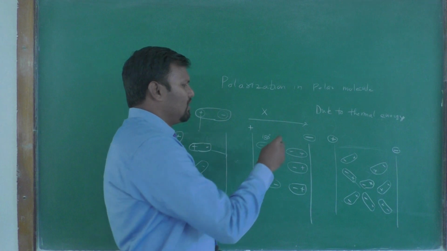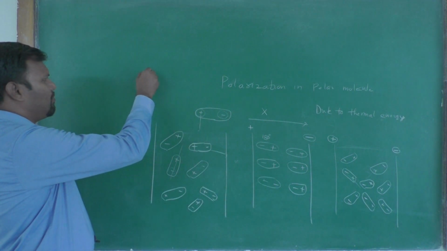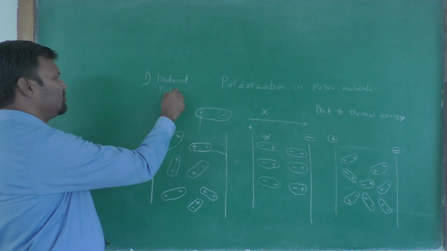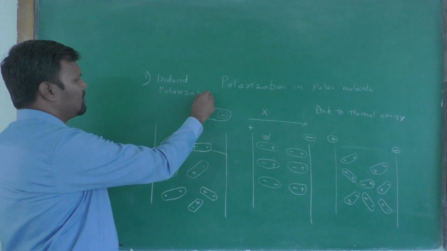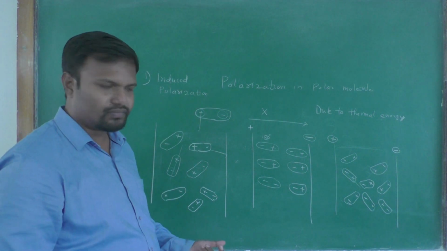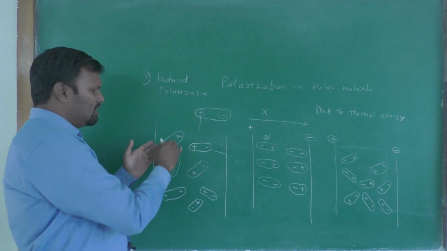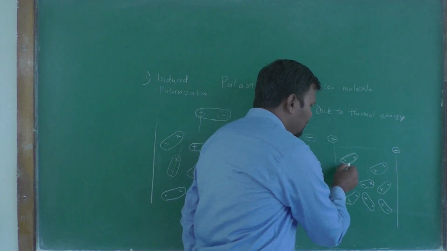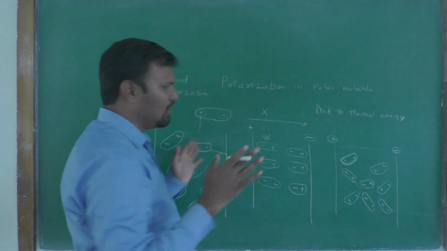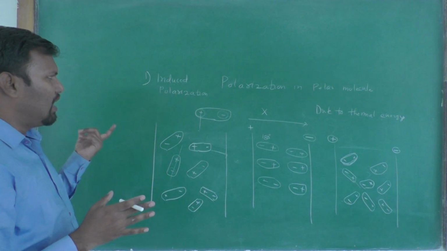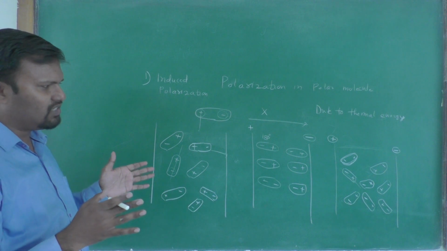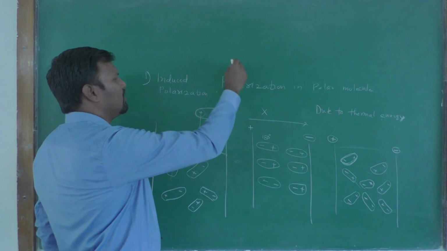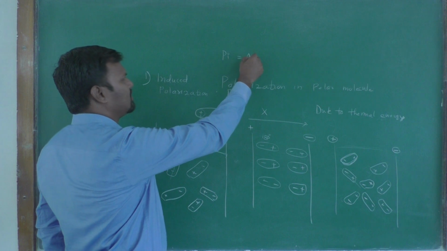Okay. There are two polarizations possible. First polarization is induced polarization. This induced polarization is also present in non-polar molecules. The distortion of the charges takes place in this system also. Therefore the electric field induces more distortion in the molecule, and this distortion in the charges gives the induced polarization.